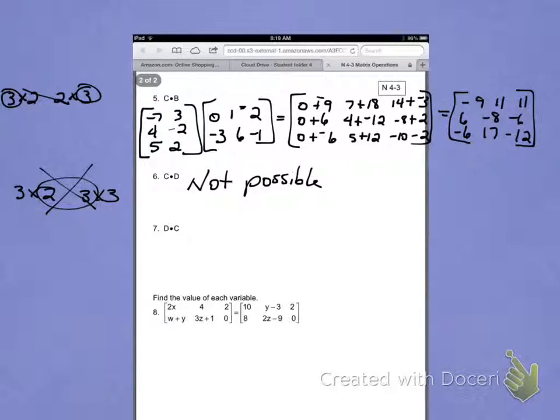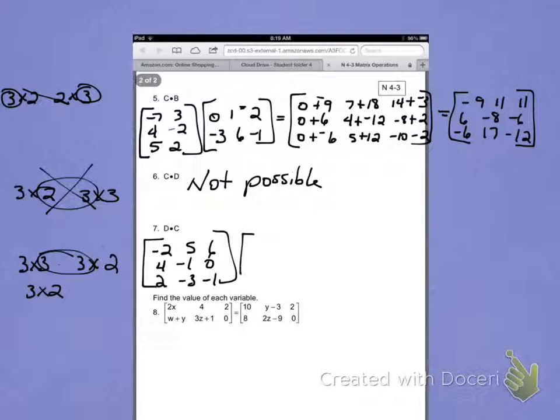D times C is 3 by 3 times 3 by 2, and so then 3 by 2 is my answer matrix. So let's multiply that. We have negative 2, 5, 6, 4, negative 1, 0, 2, negative 3, negative 1, times negative 7, 3, 4, negative 2, 5, 2.